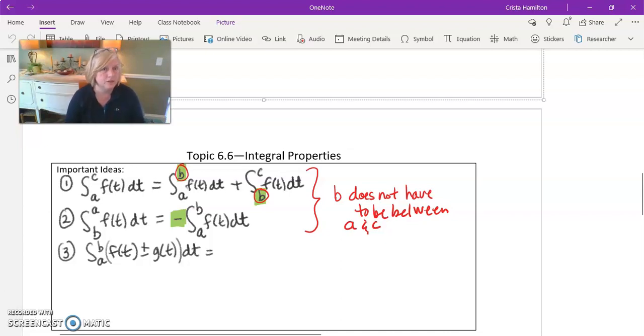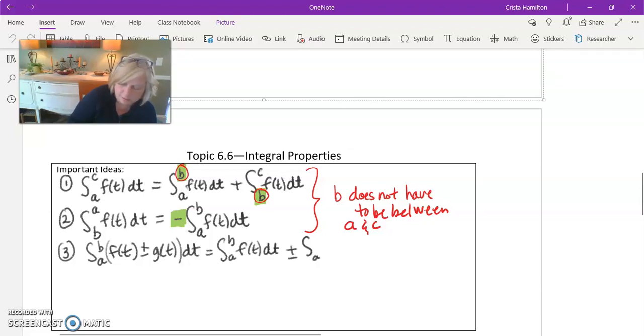In a definite integral situation, in an accumulation of area, we can simply take the area under the curve from a to b of f of t dt and add that to the area, or subtract from a to b of g of t dt, so that we can just split those up, and that's pretty straightforward.